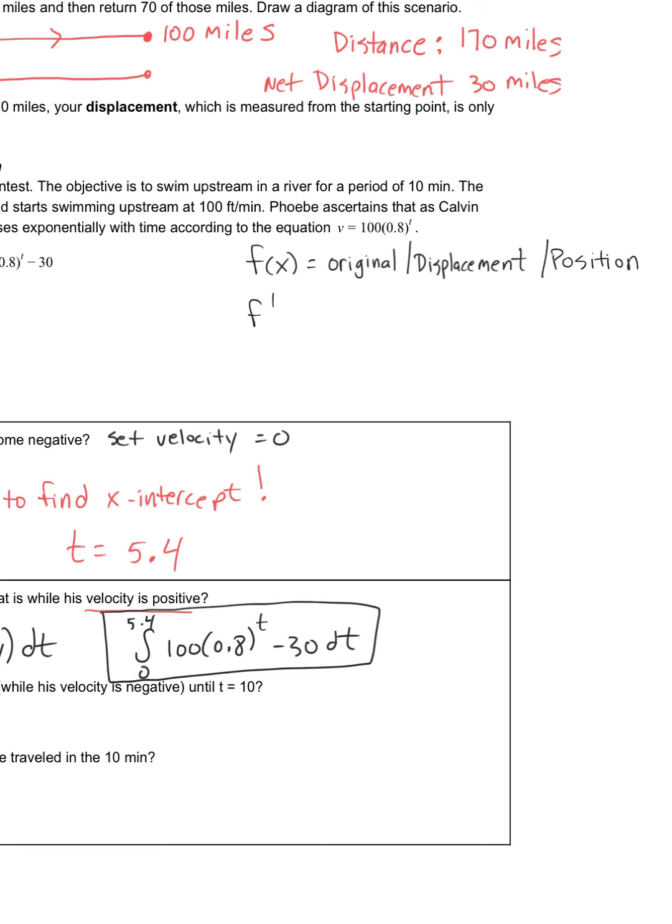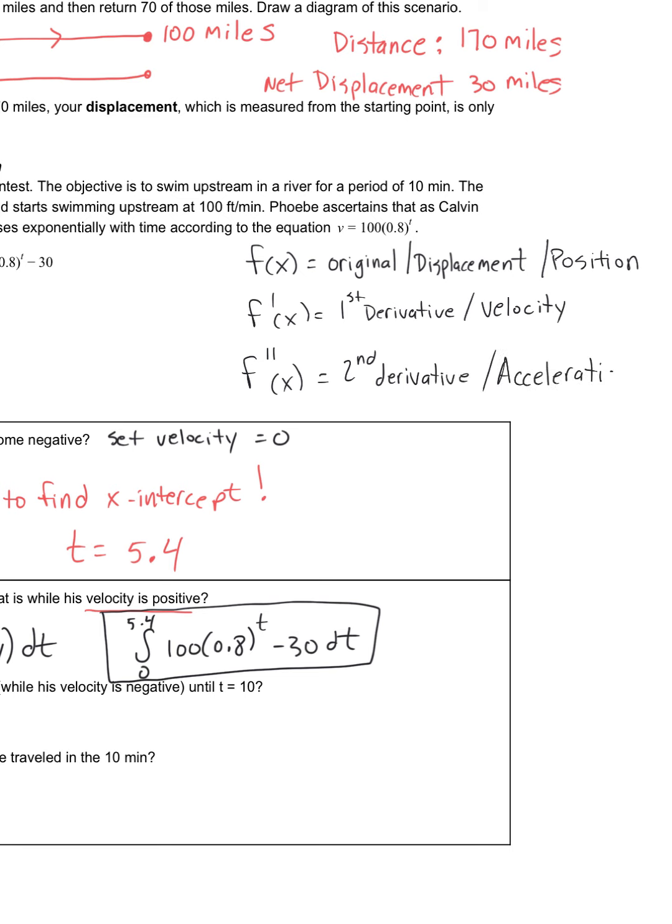Our derivative, f prime of x, that is, of course, our first derivative. But the real world name for that is our velocity. All right? And then let's just review our second derivative, f double prime of x. What is the real world name for that? If you said acceleration, you are exactly right.